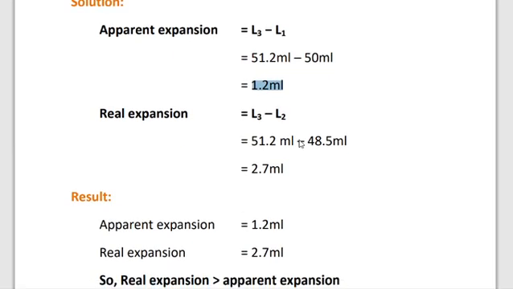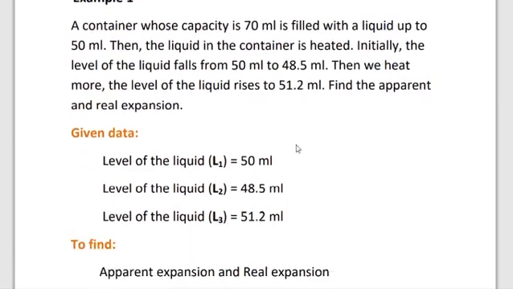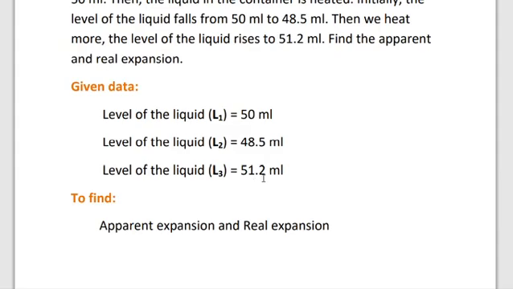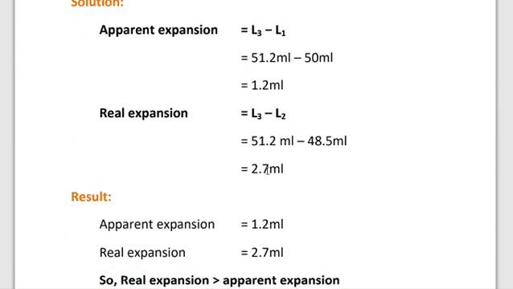Then what about real expansion? We know the formula for real expansion is equal to L3 minus L2. What is the L3 value? L3 is 51.2. So we can substitute here 51.2 ml minus 48.5 ml. 51.2 minus 48.5 means we get 2.7 ml.